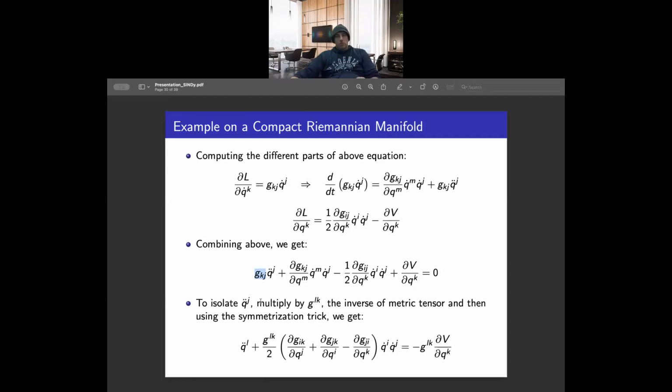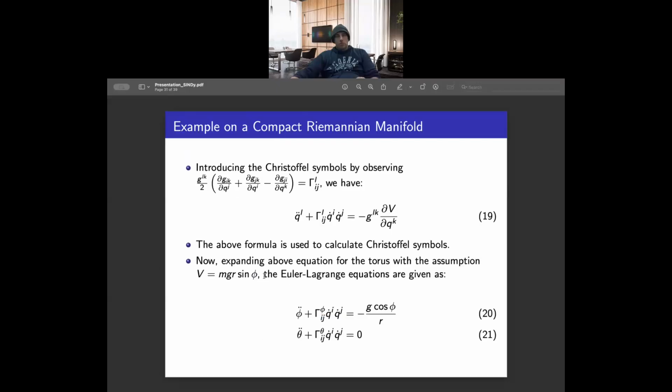But this g^lk that you are seeing here, with the superscript, is the inverse of that metric tensor. The superscript is the notation for the inverse of the metric tensor, and the subscript notation is for our general metric tensor.